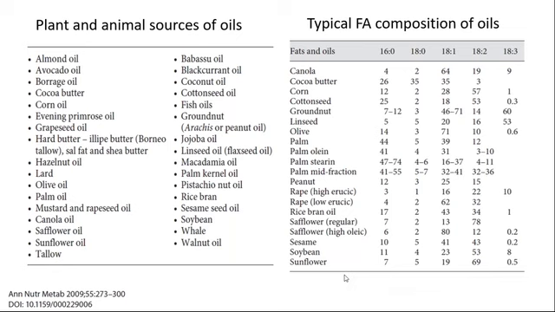And with the signature of the fatty acids, it is easy to identify one oil from the other. So just look at olive oil. You see olive oil has got 71% of oleic acid. Similar to that, you have low erucic acid rapeseed oil, which has got 62% of oleic acid.